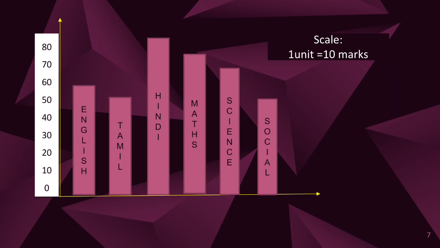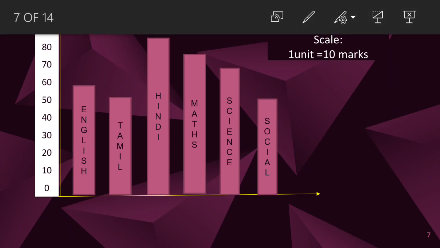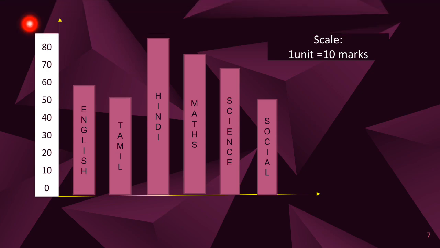So in that you can easily find 5 lines, that is 65. Here I am marking 65 in the middle of 60 and 70. Next, for social, you draw straight to 50. So your social mark is 50.